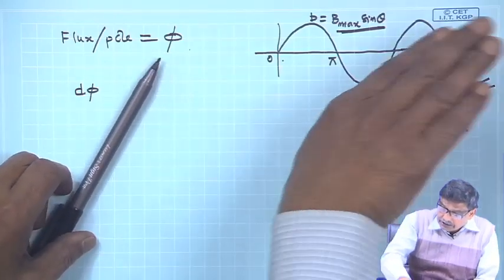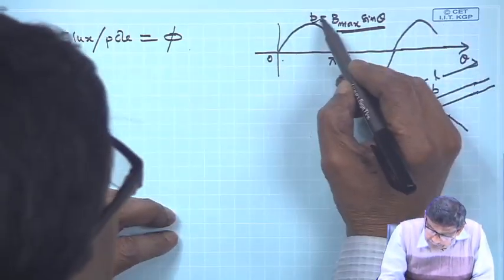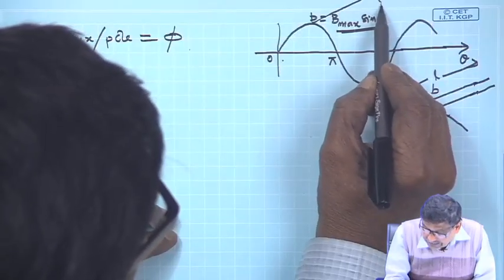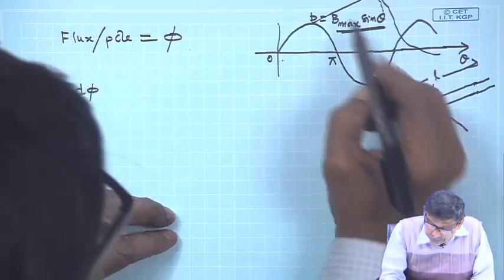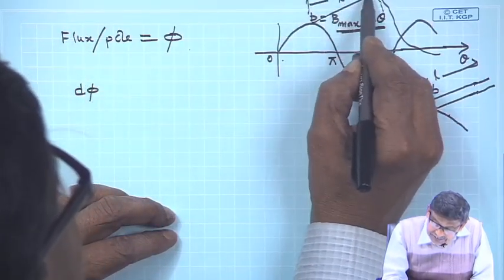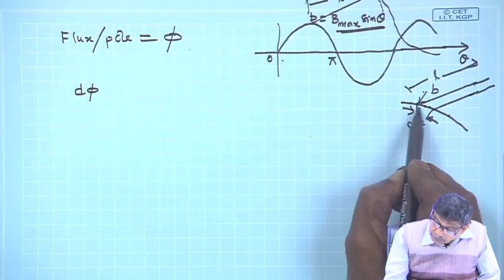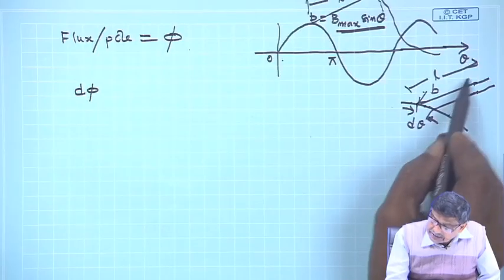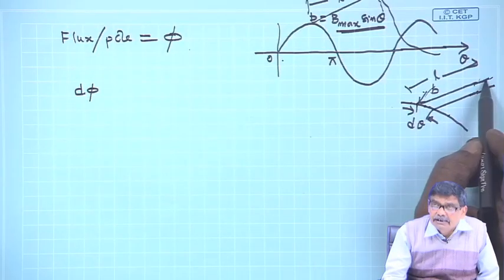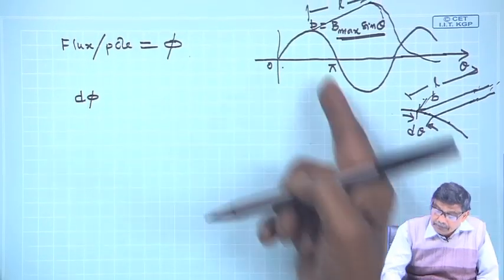So, it is sinusoidally distributed, like in 3 dimensions it will look like this. This is the length. You have got the point. So, at a particular position, B over the length L is constant, B max sin theta.